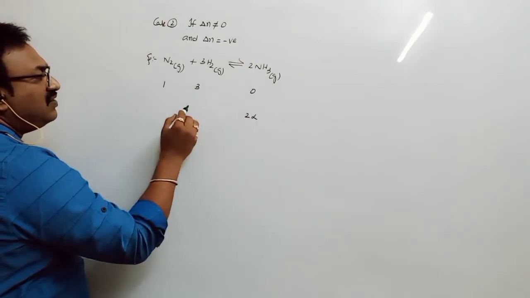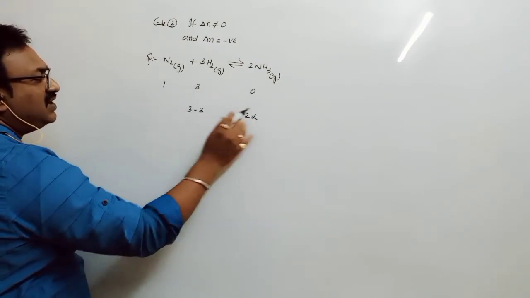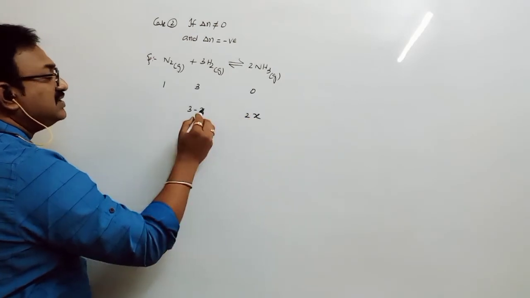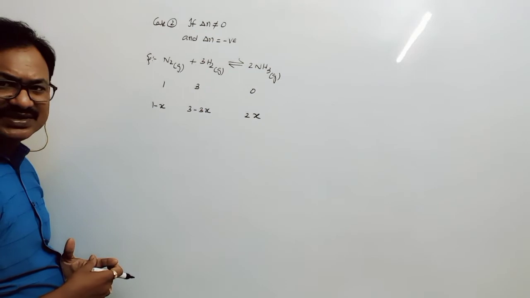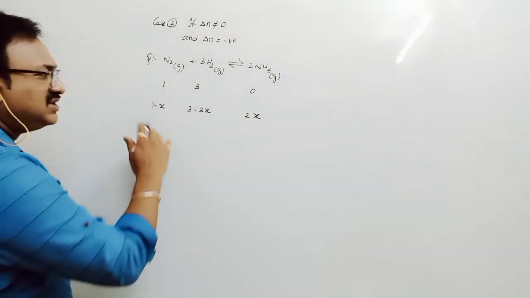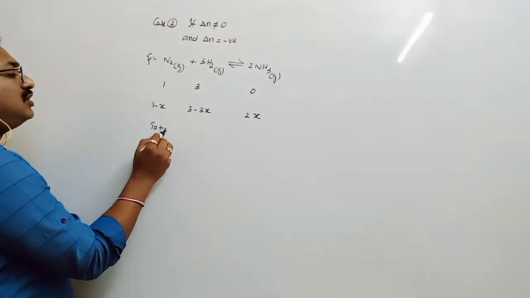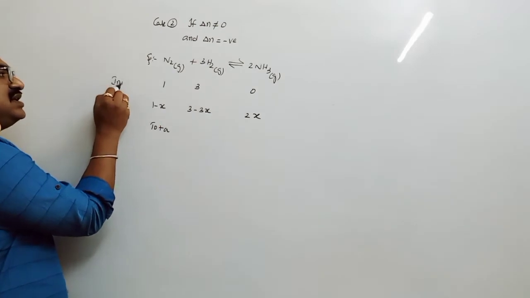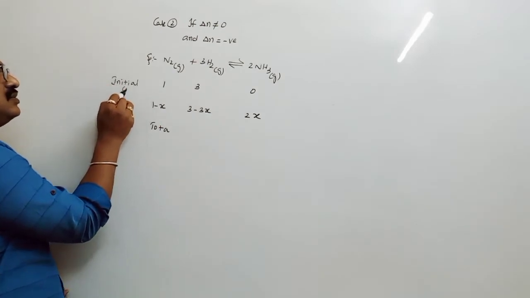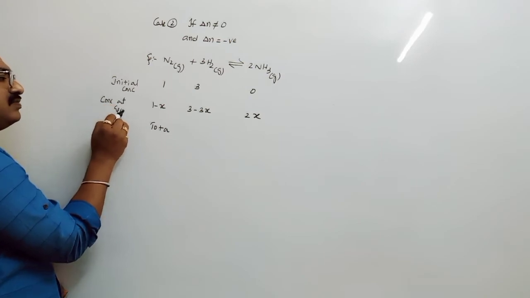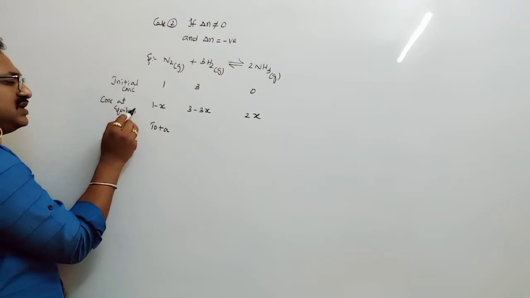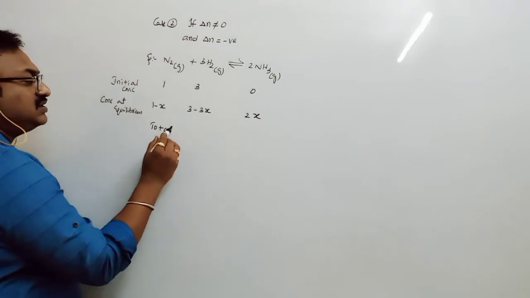Now it is 2 alpha, 3 minus 3 alpha, or if not, 2x, 3 minus 3x, 1 minus x. We can also take alpha, that's what I meant here. This is the initial concentration and this is the concentration at equilibrium. Concentration means moles per liter.